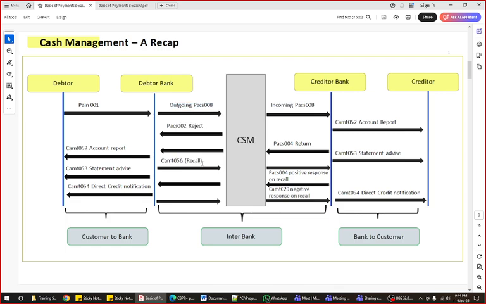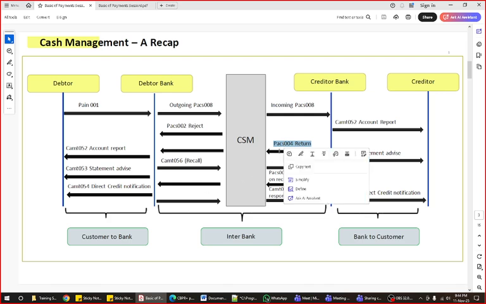By sending this cancellation request, a response should be generated from the creditor bank. If the creditor bank and creditor have accepted the cancellation, they will send the money back to the debtor. The reverse flow which is happening now is called the PACS 004 return message.